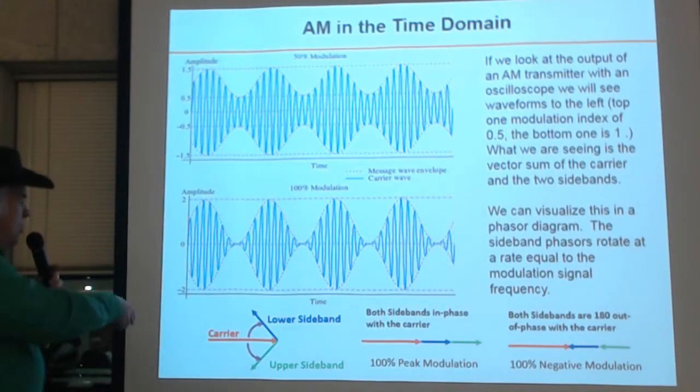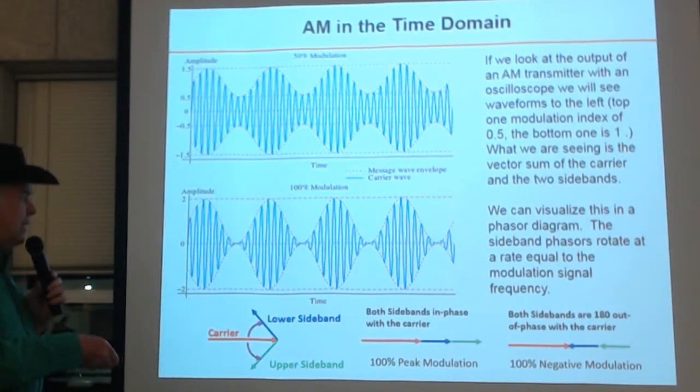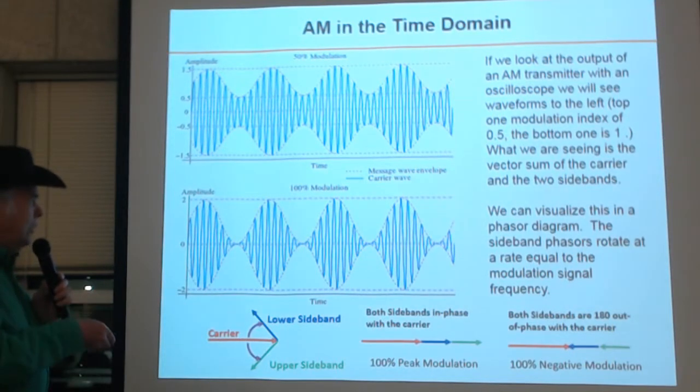So what happens is as these vectors rotate, at the peak modulation here, 100% modulation, all three vectors are in phase and they add up. So if I have the carrier at unit 1 and each of these sidebands at unit 0.5, at 100% modulation my total amplitude here is a factor of 2. If I have just a carrier, it would be a factor of 1.